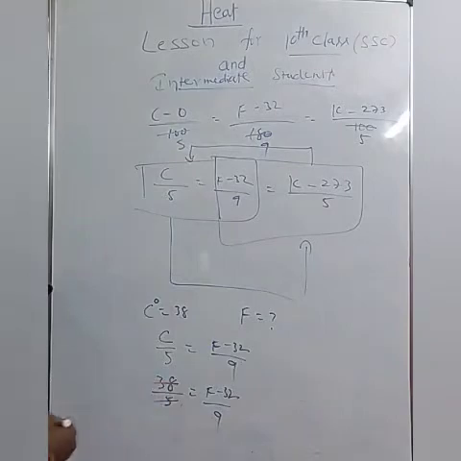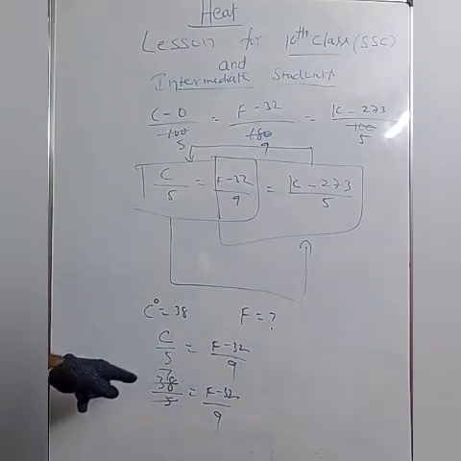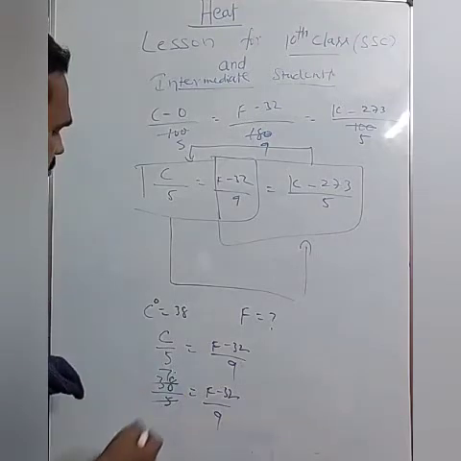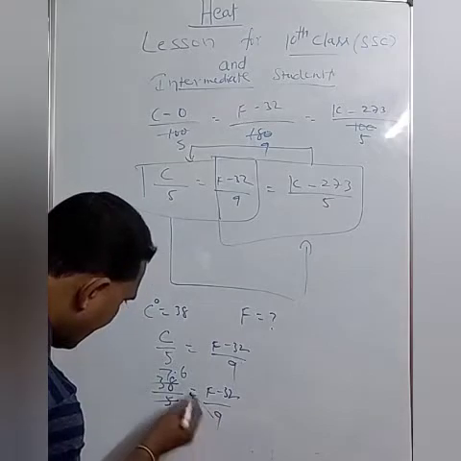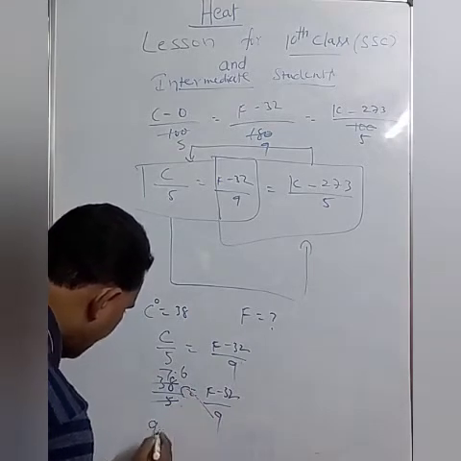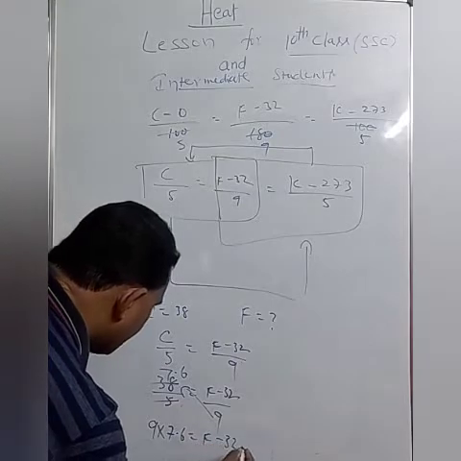38 divided by 5 is 7.6. We can cross multiply like this. So 9 into 7.6 is equal to F minus 32.